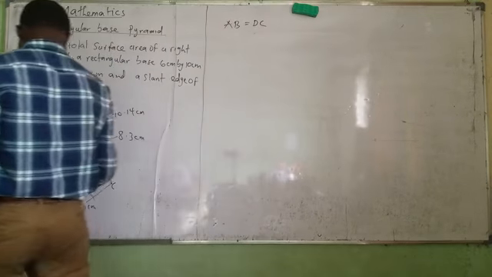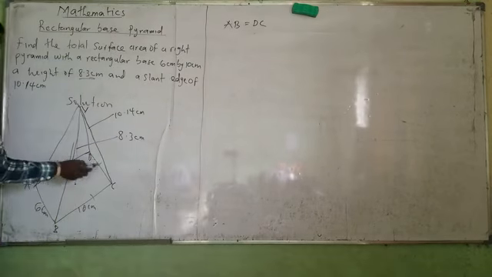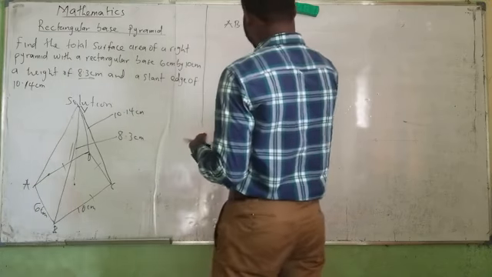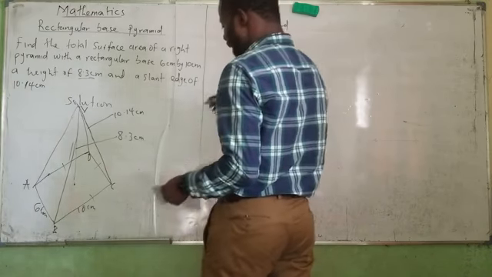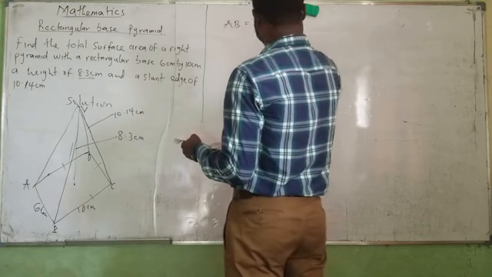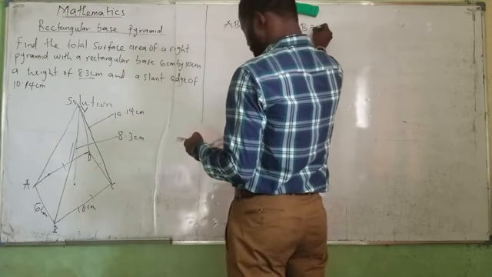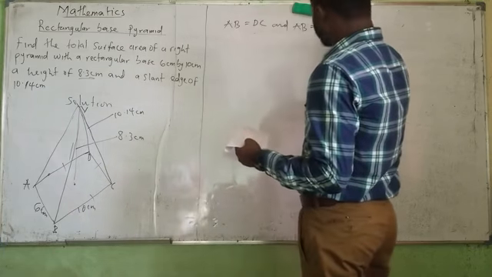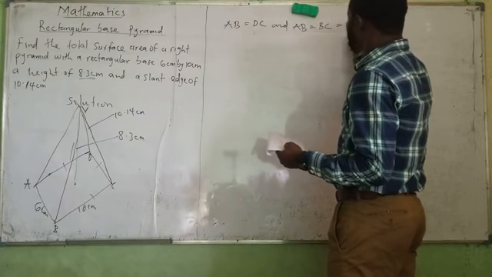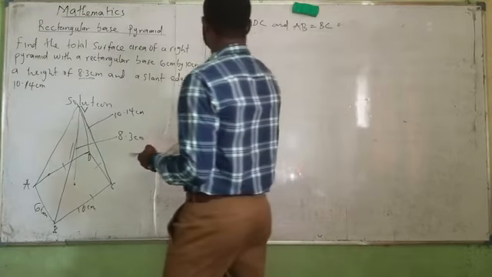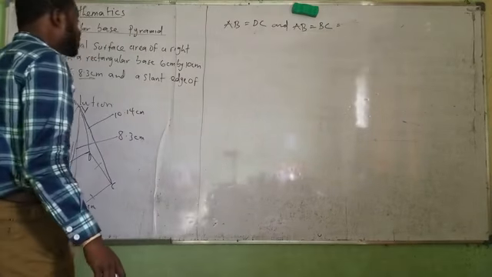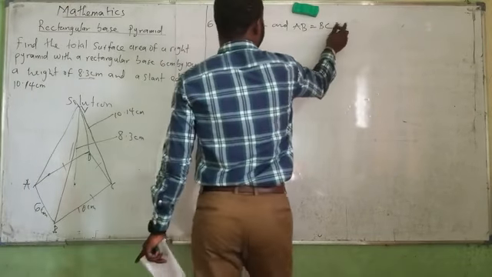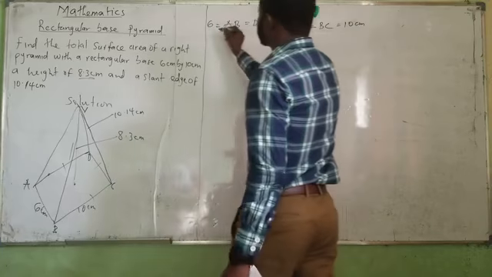AB will be equal to DC, and AD will be equal to BC. One pair is 10 centimeter and the other is 6 centimeter.